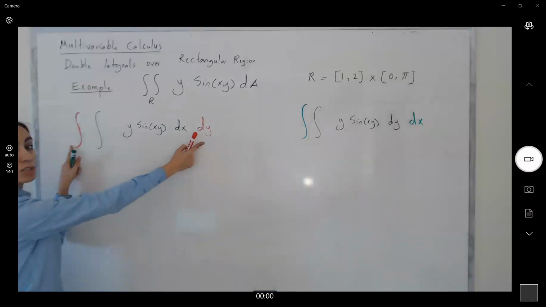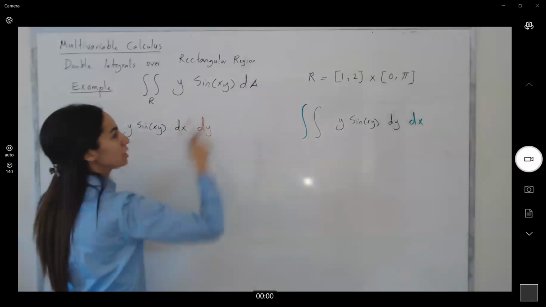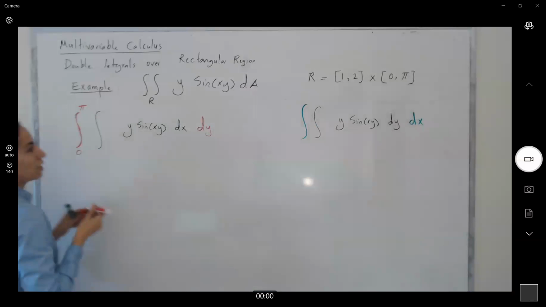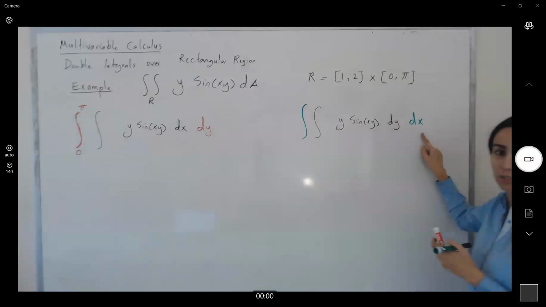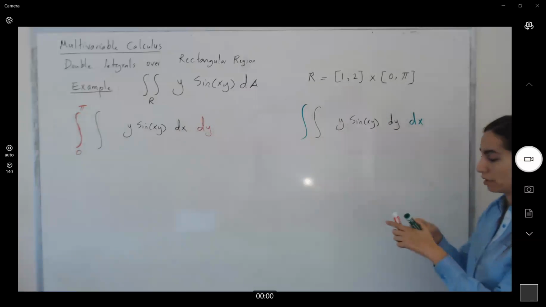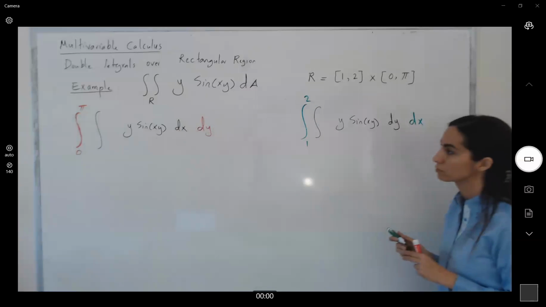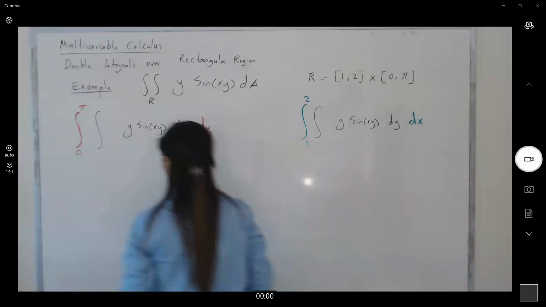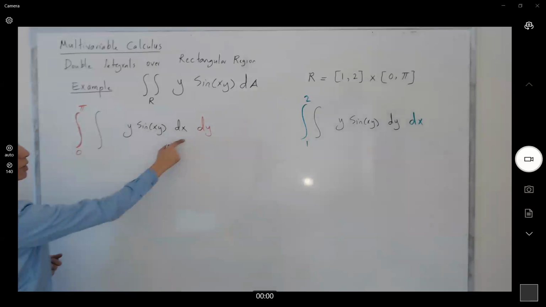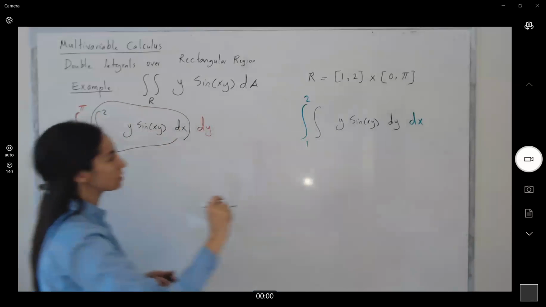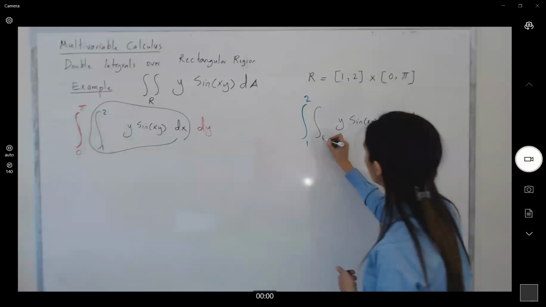So if your outside integral is with respect to y, the boundary for y ranges between 0 to pi. And if your outside integral is with respect to x, the outside integral has boundaries 1 to 2. So my x ranges between 1 to 2. I'm going to evaluate the inner integral first. My y ranges between 0 to pi.